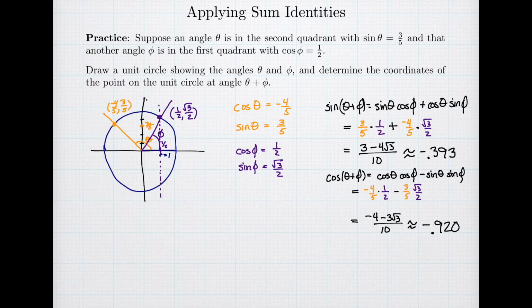Notice that both of my coordinates are negative numbers. I am almost all the way to the left and about -0.4, so that's about 2/5 down, and so my sum is about -0.4 and -0.92. This is approximately the angle of theta plus phi.